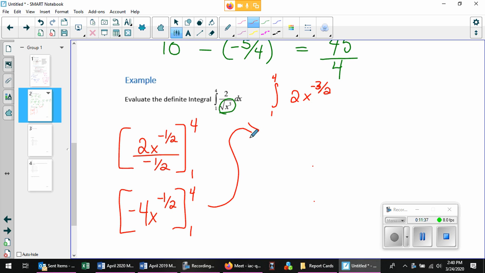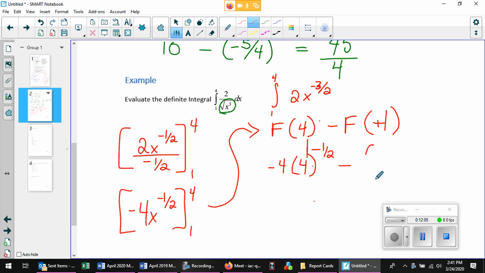So the next thing I would do would be evaluate F of 4 minus F of a positive 1 this time. Keep in mind, capital F's indicate that we are substituting into the antiderivative or the original. So we're going to have negative 4 times 4 to the negative 1/2, subtract, I'm going to use round brackets here, negative 4 times positive 1 to the negative 1/2.